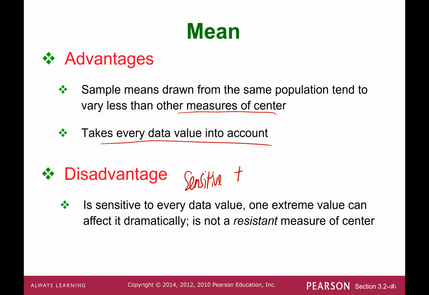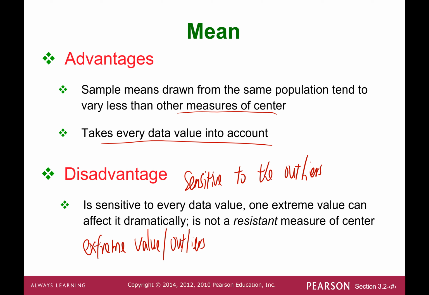Extreme values or outliers have a big impact on the mean. Sometimes that makes it less reliable, because if you have an outlier in your data set, then your mean will not be an objective representative of the center.